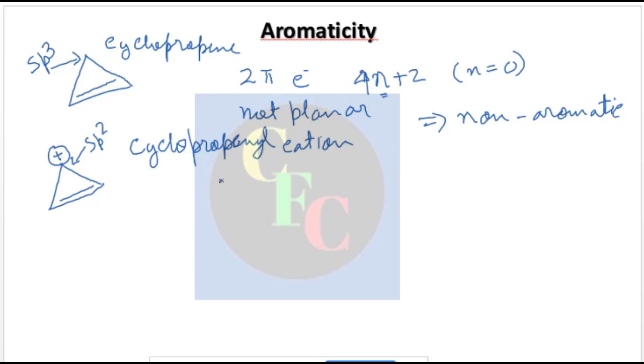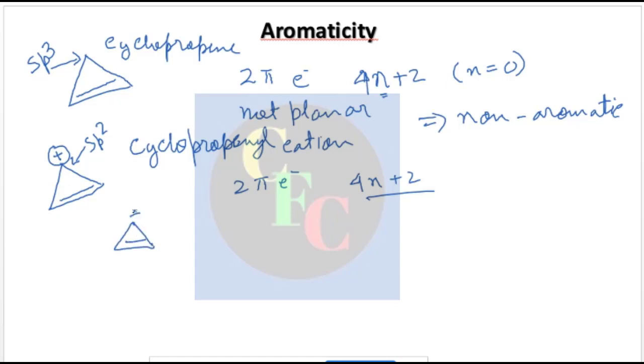So this still has 2 pi electrons, so it is in the 4n plus 2 system, right? But now it is cyclic, and there is uninterrupted flow of electrons.